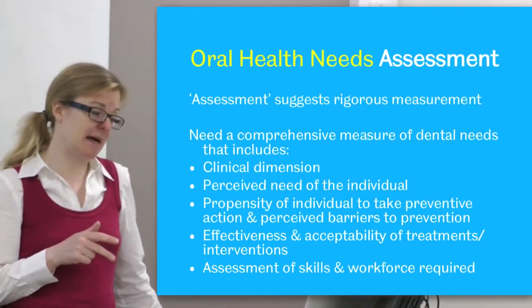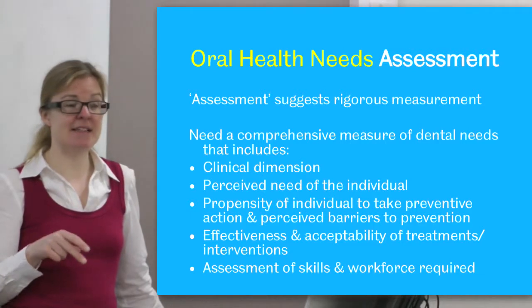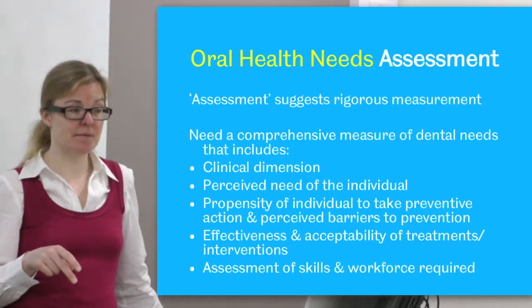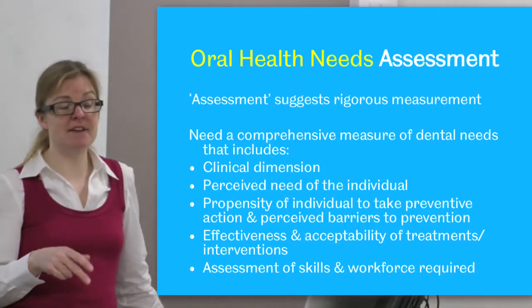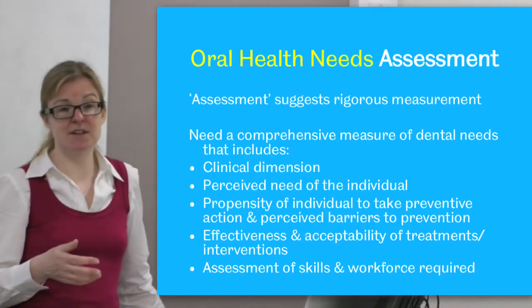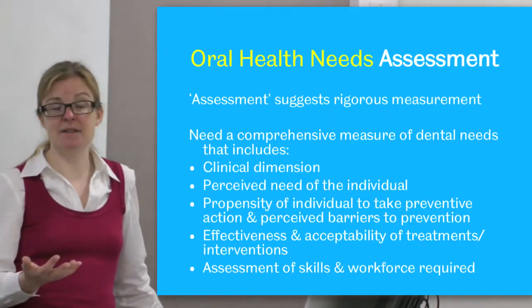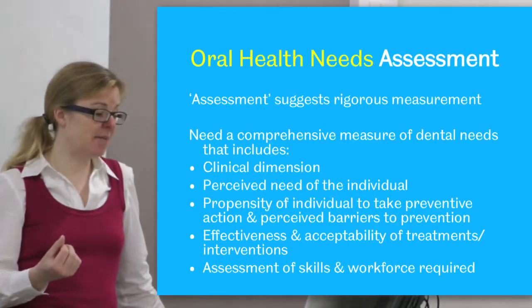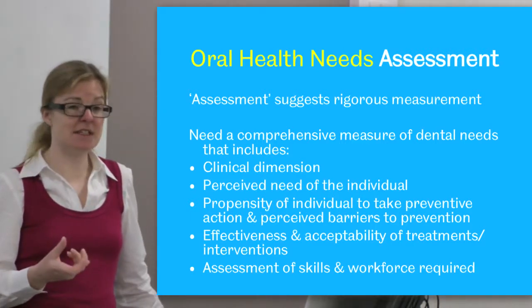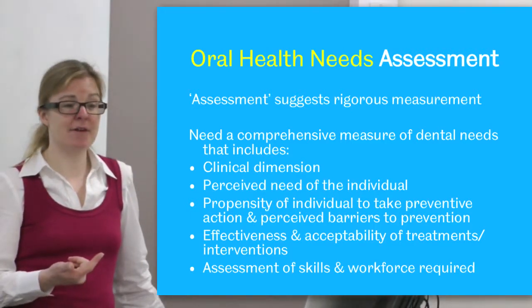And the next point is about how we can help them in a way that works and is acceptable to them. So that might be thinking about the evidence base for the effectiveness of interventions to reduce caries, for example. And then we need to think about, in terms of the services, what workforce and what skills do we have?